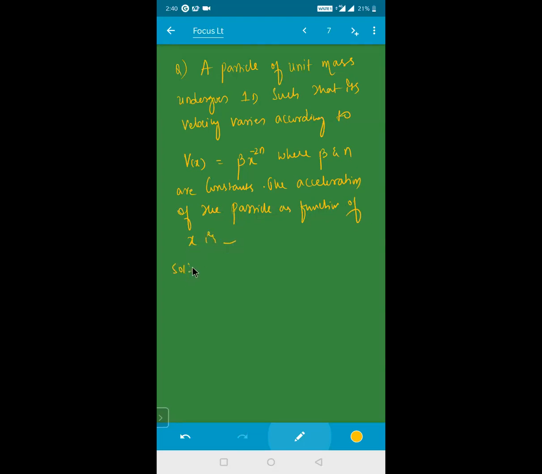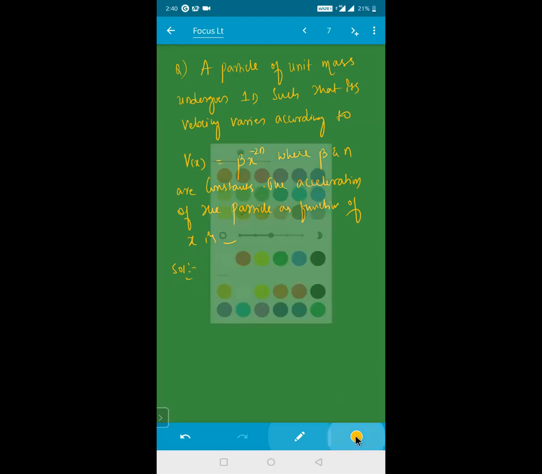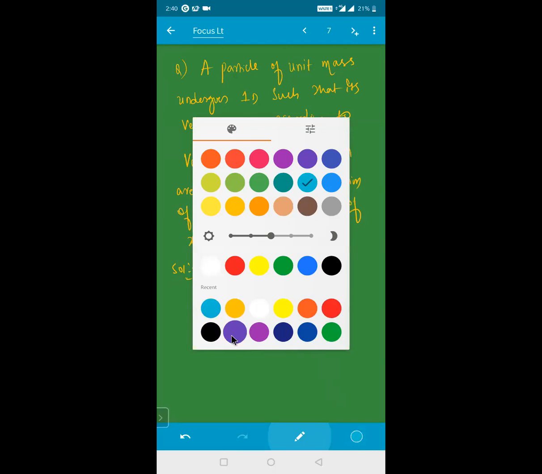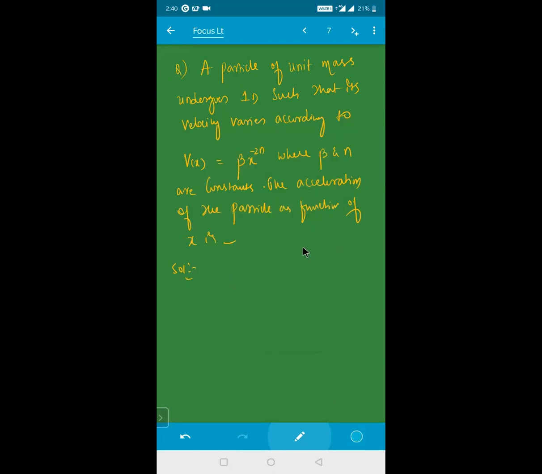Try to do it. Shall I give the options for this one, beta? Okay, I'll give the options. The first option is minus 2n beta square x to the power of minus 2n minus 1.